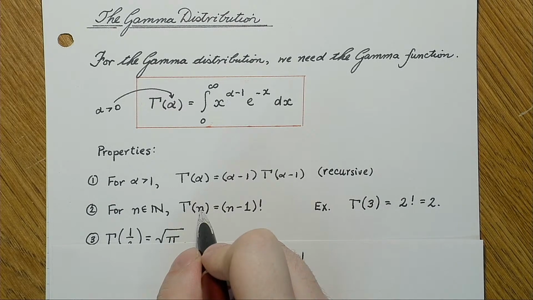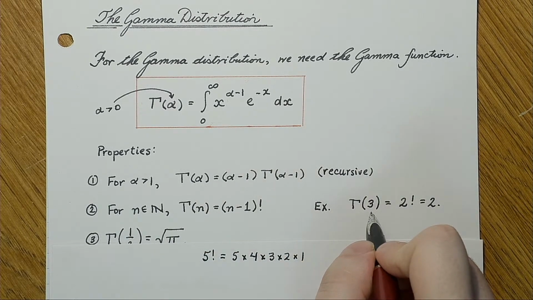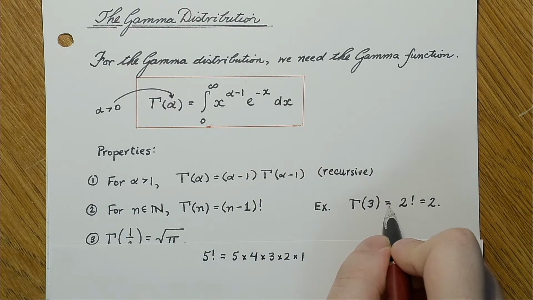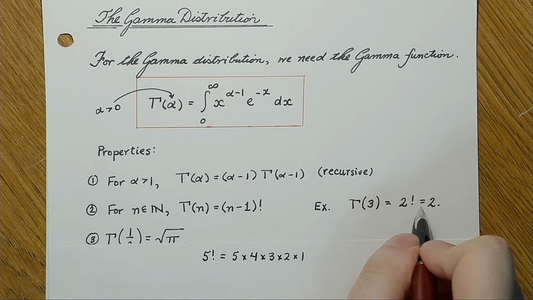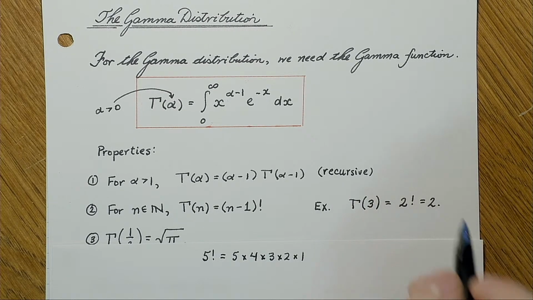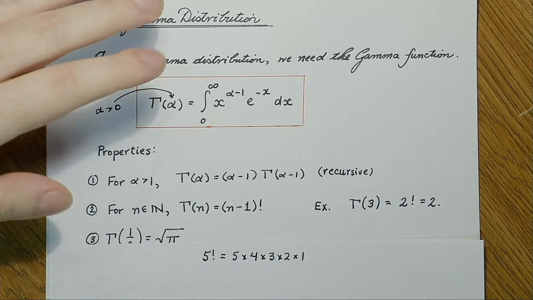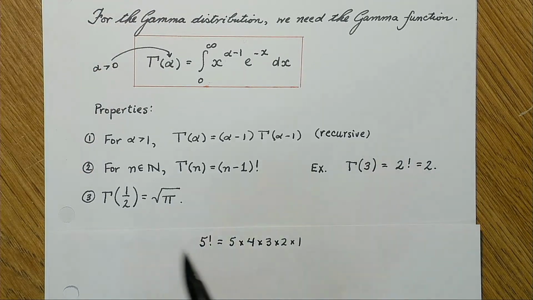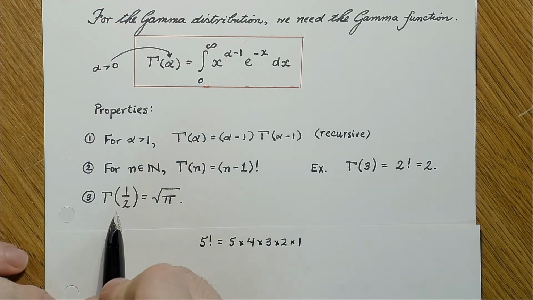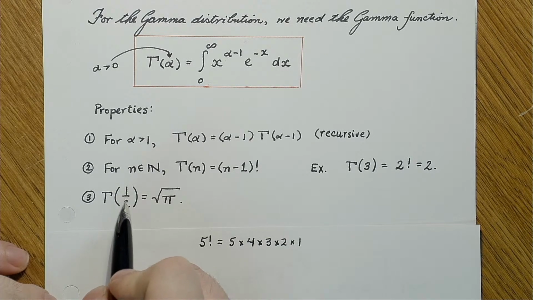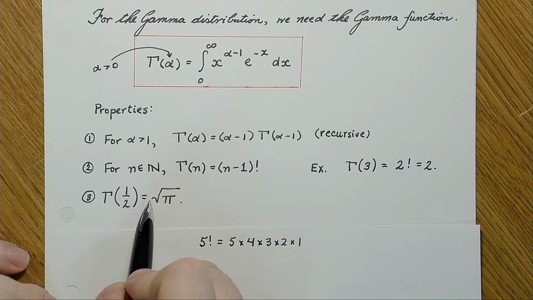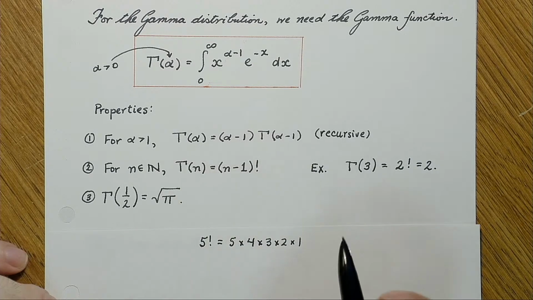So if you have gamma 3, then it's equal to 3 minus 1, which is 2 factorial, and 2 times 1 is equal to 2. The next thing is that the gamma of the fraction 1/2 is equal to the square root of pi.